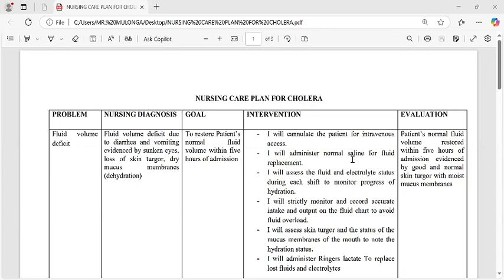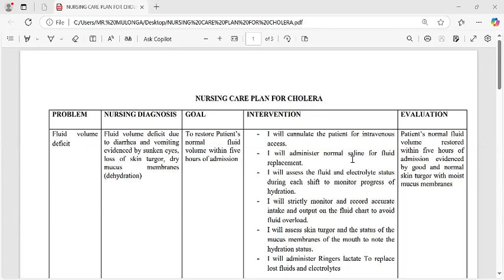We move to the nursing diagnosis. As we can see, the nursing diagnosis is fluid volume deficit due to, or you can write related to, diarrhea and vomiting, evidenced by sunken eyes, loss of skin turgor, dry mucosa membrane, which are signs of dehydration. Remember we said the diagnosis starts with the problem. The problem is fluid volume deficit.